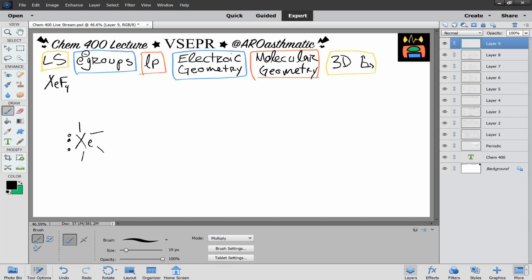All right, we have in this structure 4 fluorines. Our central atom xenon has 2 lone pairs. So 4 atoms plus 2 lone pairs gives us 6 electron groups. So our electronic geometry here is octahedral.